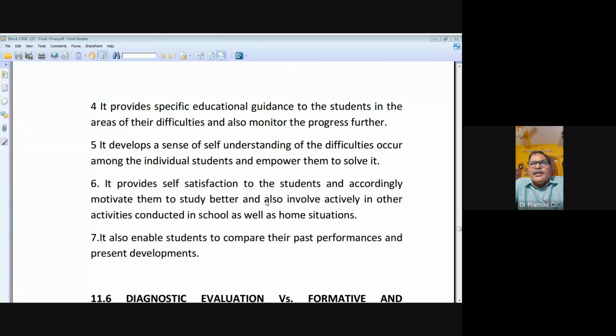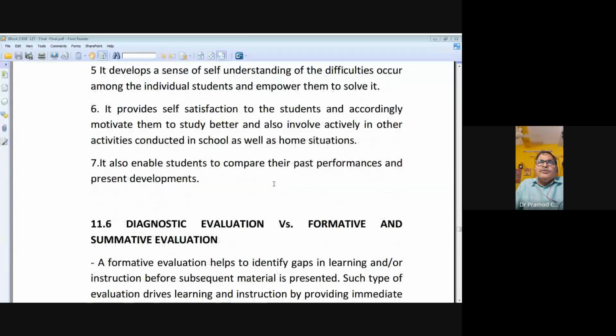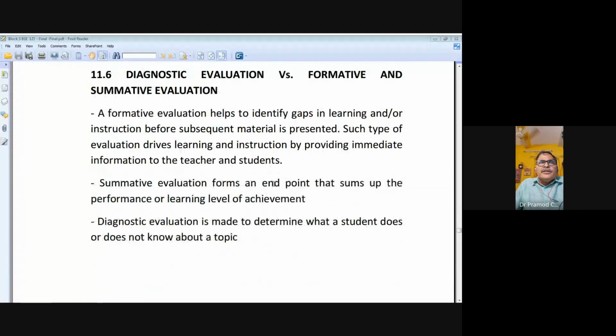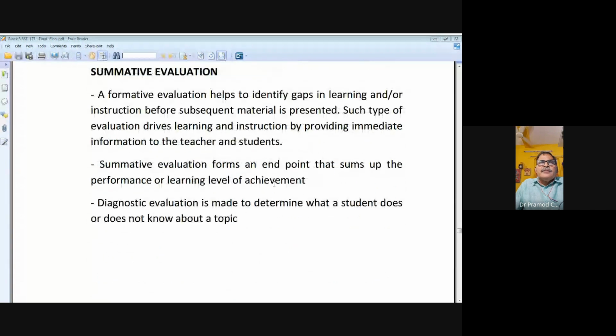So try our best to compare the past performance of the students and the present development of the students. If the comparison is very good and the improvement is there, then we must accept the diagnostic evaluation. But you know that in formative evaluation and summative evaluation, definitely diagnostic evaluation plays an important role.